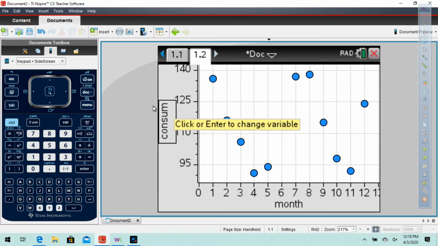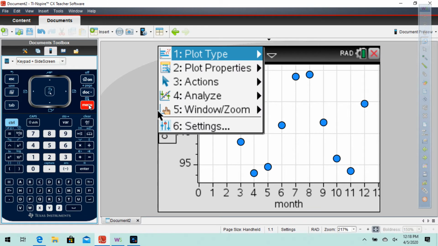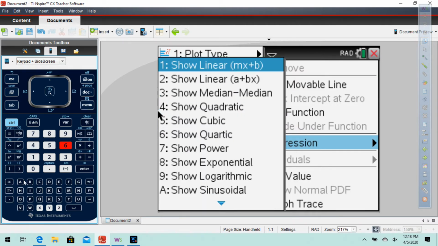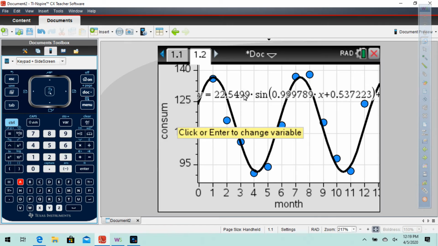Now to draw our curve, menu, 4 for analyze, 6 for regression, A for sinusoidal, and there we go.